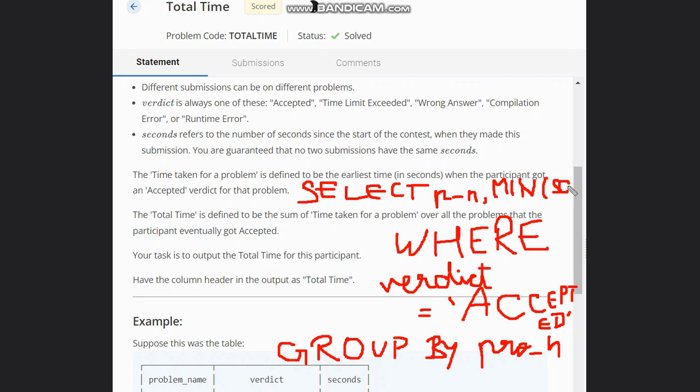So what are we getting from the minimum of seconds? We are getting the minimum time. So what we got here is the time taken for a problem. You can write it as: select this minimum of seconds as minimum time. So I am writing here as min t.